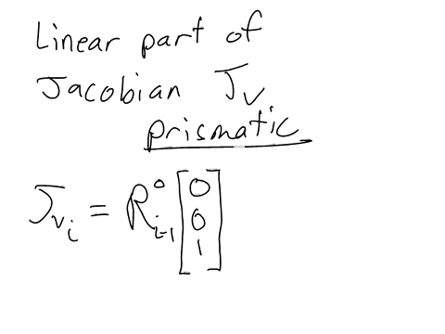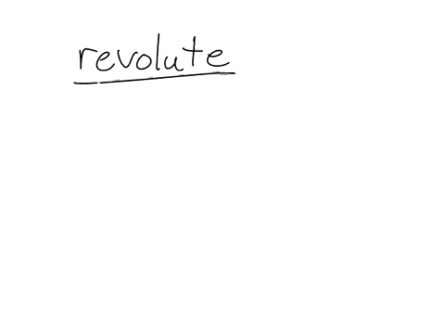Let's now look at how we find the linear part of the Jacobian in the case of a revolute joint. This will be a bit more complicated. In the case of a revolute joint, we find the ith column of the linear velocity Jacobian in this way. It starts out similar.